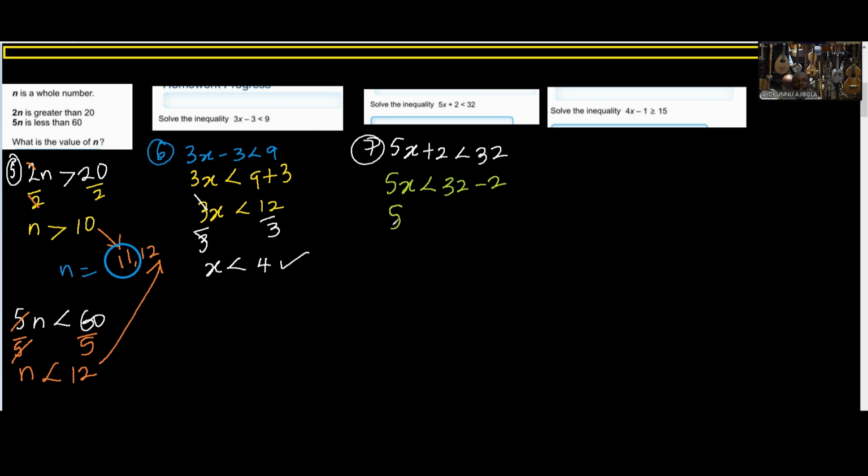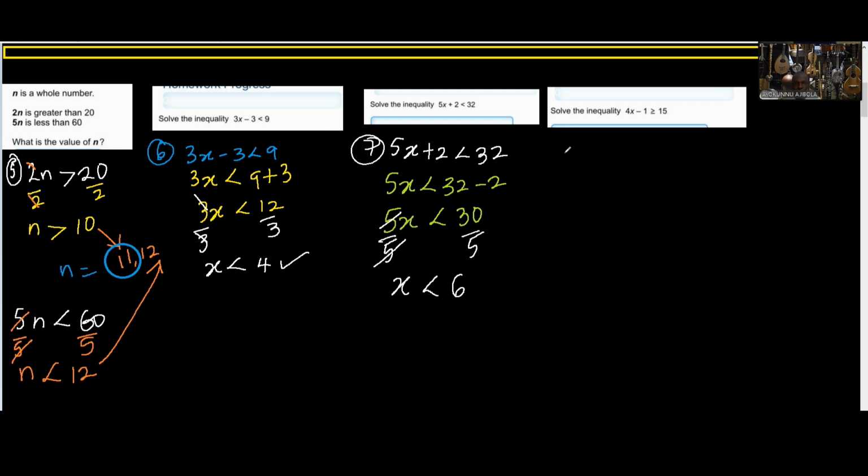So 5x is going to be less than 30, right? Where did I get 30 from? That is 32 minus 2. Is that clear? So then I divide both sides by 5, and we can say x is less than 6.